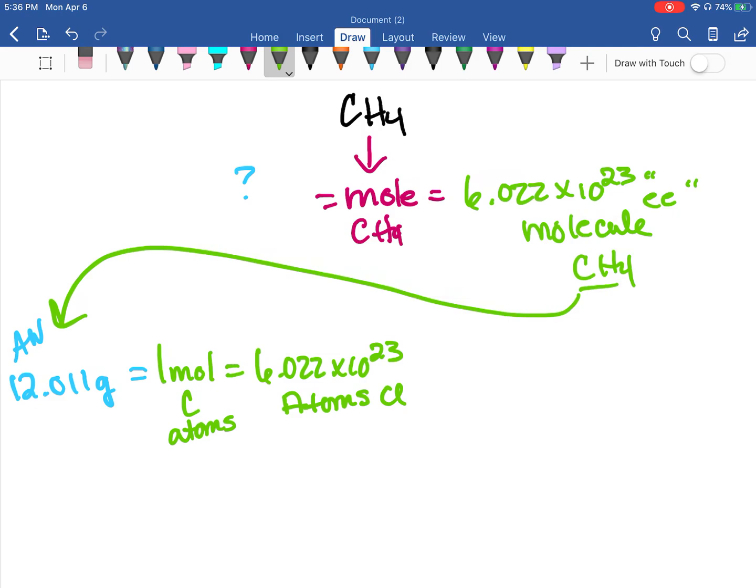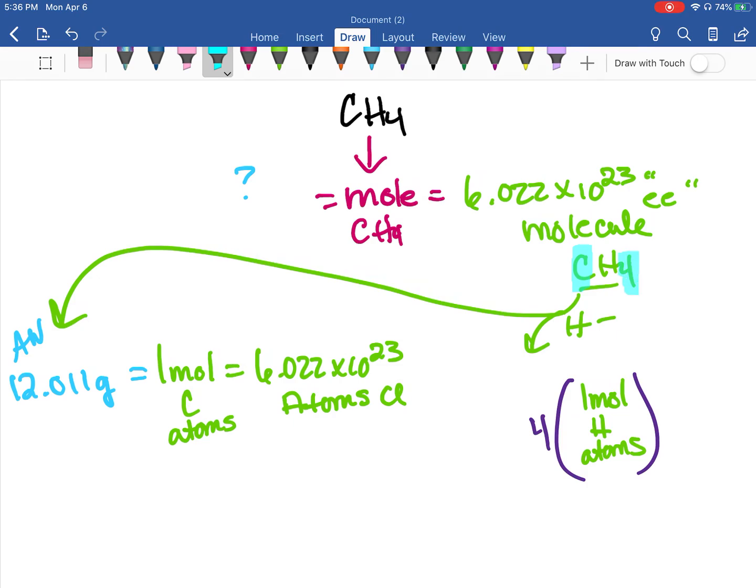But what else is in our molecule? It's not just carbon, it is also hydrogen. So if we picture a mole of hydrogen atoms, okay, but we don't have just 1 mole, do we? We have 4 of those hydrogens. Look, in our formula, we've got 1 carbon, 4 hydrogens. So let's do Avogadro's number first.